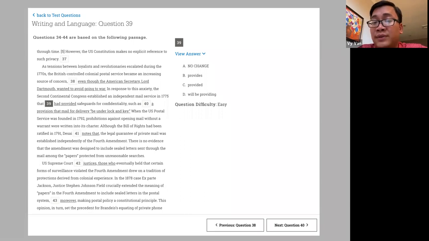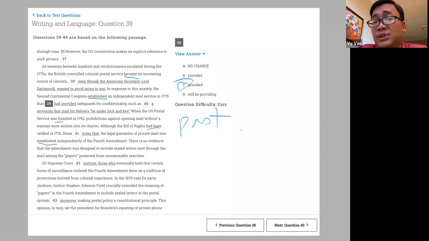So what is the tense of this paragraph? You read this and see that the postal service became an increasing source of concern, the Congress established, so all this is in past tense. When the postal service was founded, had been ratified, guaranteed private mail was established, all this is in past tense. So we want to go to the choice of past tense. The only choice of past tense is provided. We know for sure it's C.